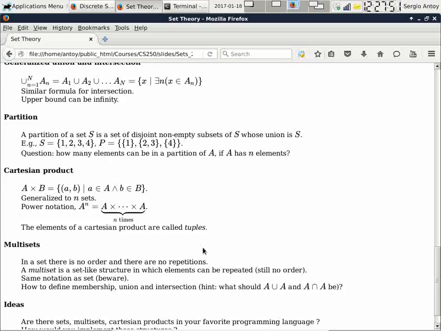A is 1, 2, and 3. And I want A cube, which is what? A cross A cross A. And so, this is defined a set of triples x, y, z, such that x is in A, y is in A, and z is in A. Yeah?